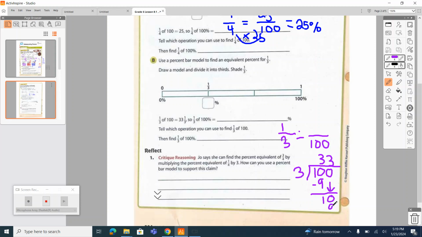I would put a decimal here and a 0, but I can start to see that I'm going to keep getting this repeating 3. You can use a bar notation over that, or you can say 1/3 of 100 is about 33%.